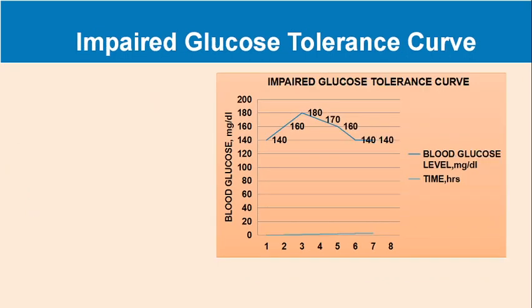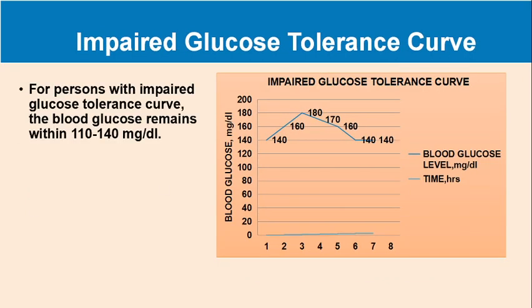Then the impaired glucose tolerance curve. For persons who have impaired glucose tolerance, the blood glucose will remain from 110 to 140. So the fasting sample level itself will be above the normal value. The normal reference value is 70 to 110.